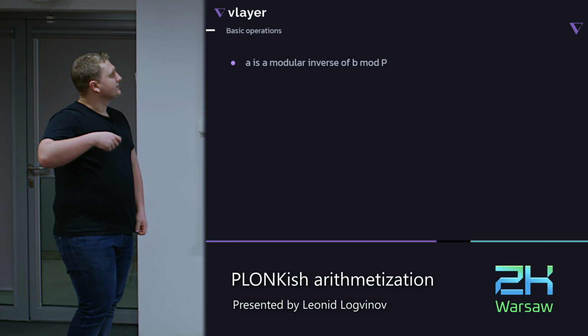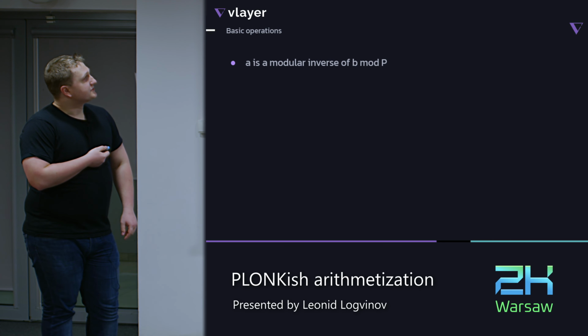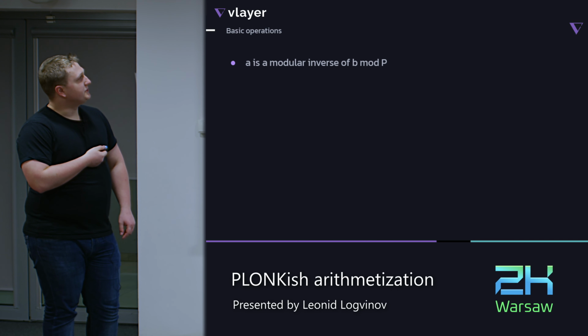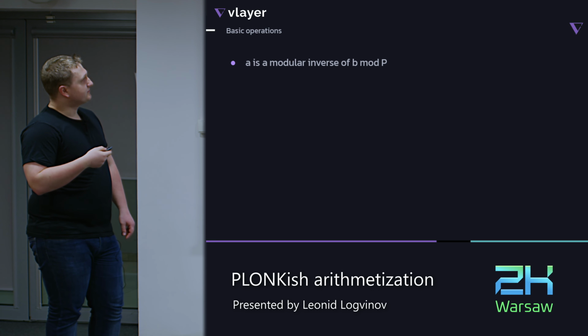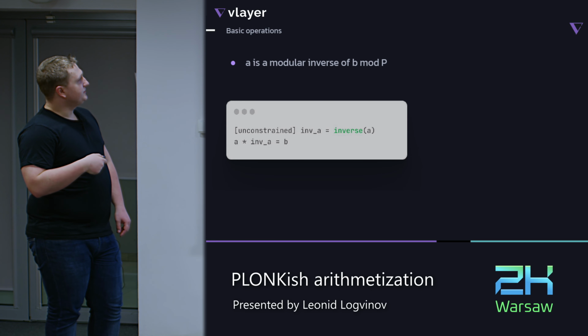I should have written it differently here. Our goal is to compute the inverse, but the trick is that instead of computing it using Fermat's little theorem, we can compute it in unconstrained code and then just check that it multiplies out and gives the right result.